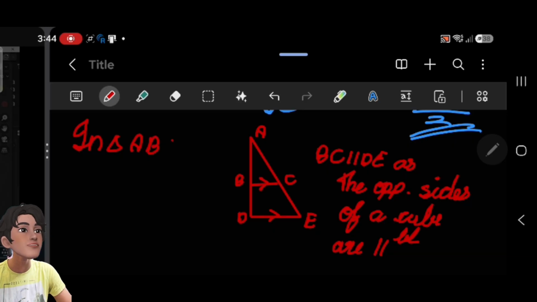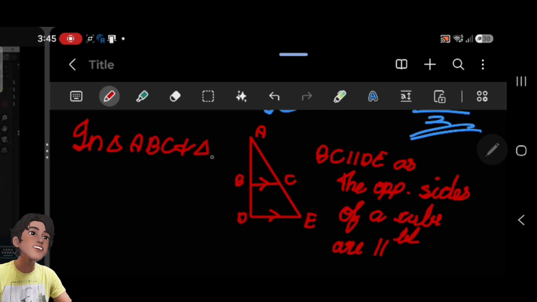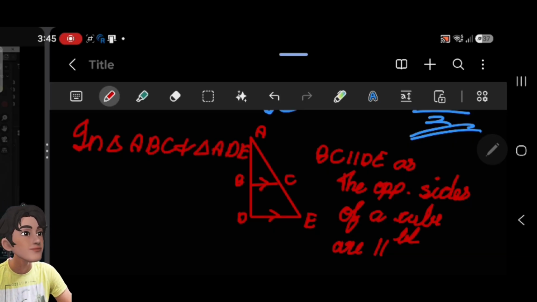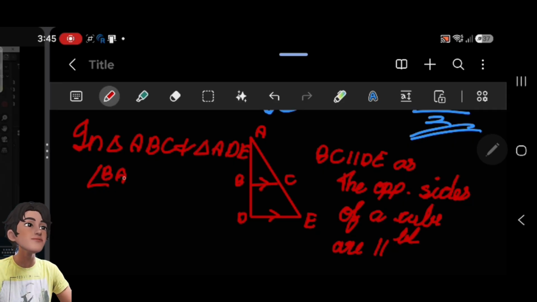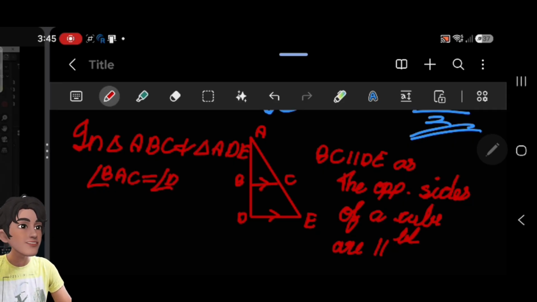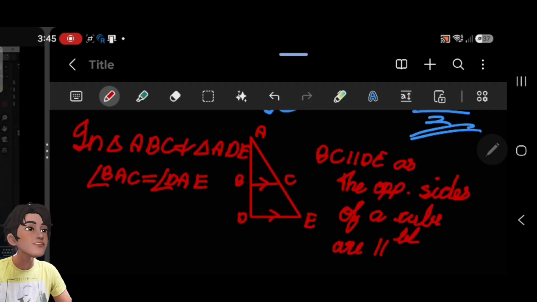Now, in triangle ABC and triangle ADE, we can find that angle BAC is equal to angle DAE because both triangles share this common angle.